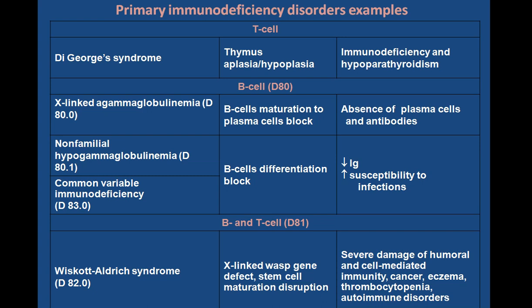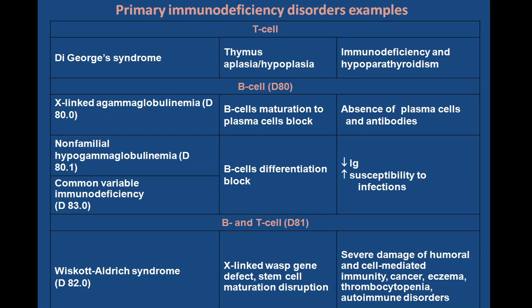Then non-familial hypogammaglobulinemia, number in the International Classification of Diseases D80.1. It involves a cell differentiation block with a reduced level of immunoglobulins and increased susceptibility to infections.